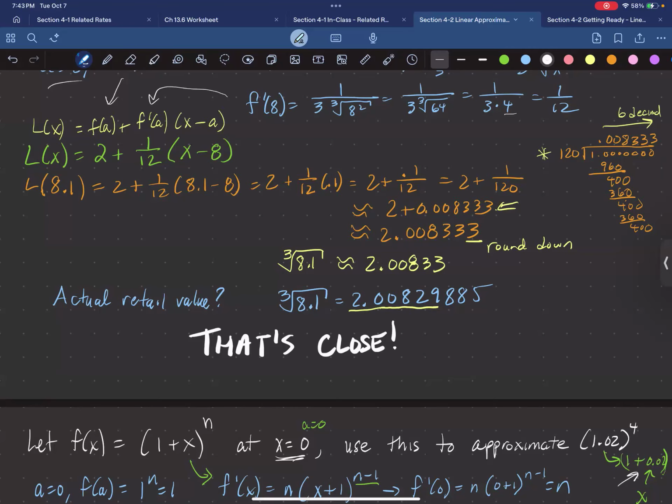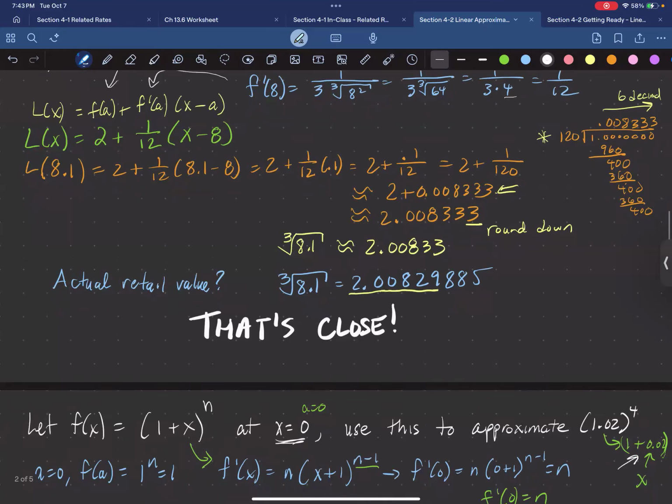So if I plug in a equals 0, I get f of 0, 1 plus 0 to the n, is just 1 to the n, which is just 1. If I take the derivative, I bring the power down, lower the power by 1. And then I got to plug in x equals 0 there to get that.